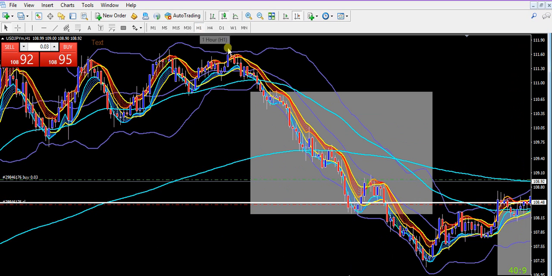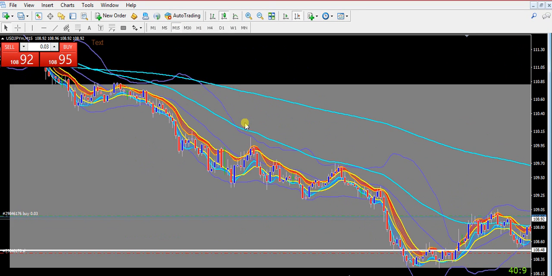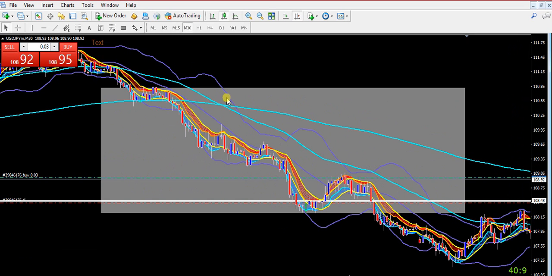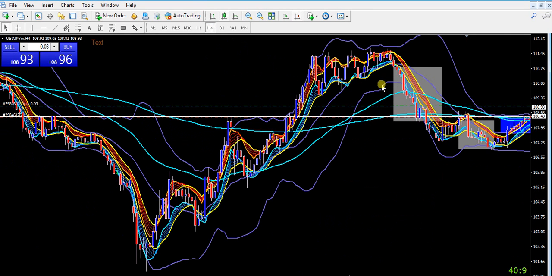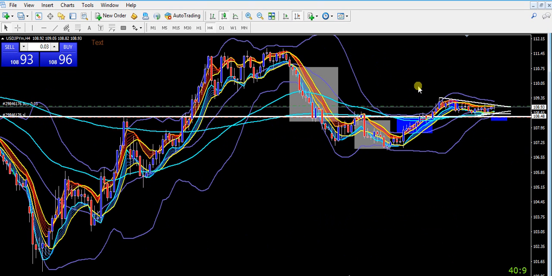You can trade in 1 hour, and of course in M15, and in M30 too, because the price is still below the MA 200, then 50, and below the Bollinger Band. But in the higher time frame, buying is not recommended. This is not a trading day, but it is a working day.